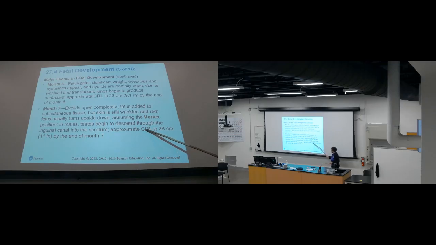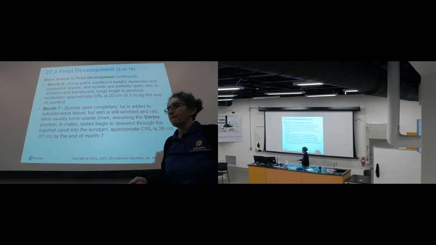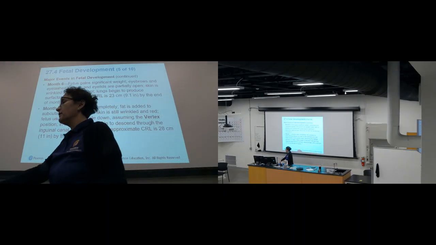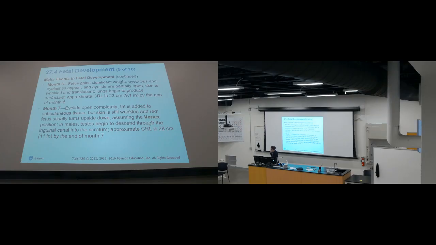Something that happens in males is the descending of the testicles, which form originally in the abdominal cavity. They descend through the inguinal canal, pulled by a ligament called the gubernaculum that shortens and brings them into the scrotum. And then the length is around 28 centimeters or 11 inches.